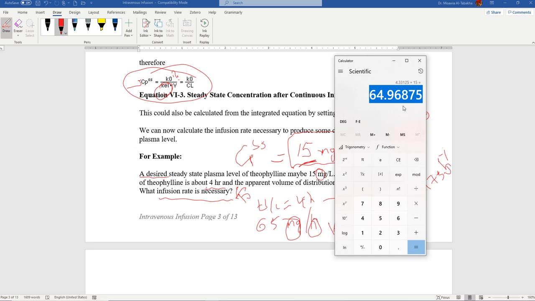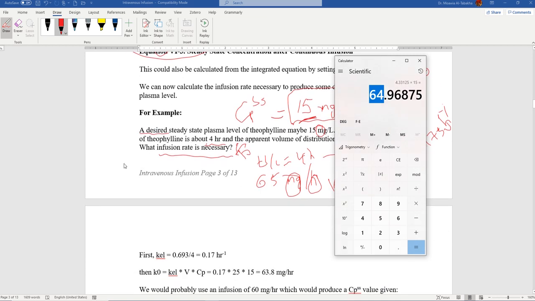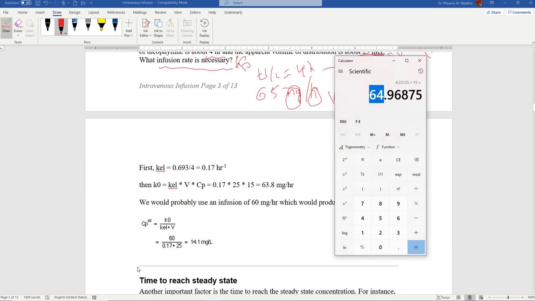You don't want to make it 64.968. You want to be cautious, because theophylline is a narrow therapeutic window drug, meaning the toxic concentration is very close to the effective concentration, so you decided to use 60 instead of 64. If you use 60, what will happen to CPSS?